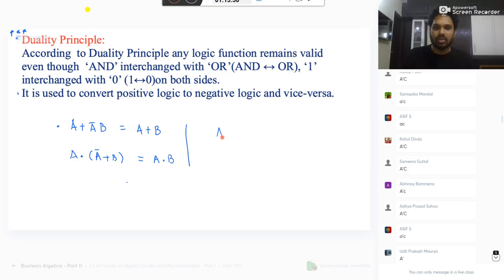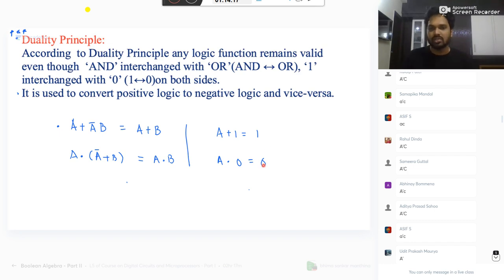Similarly, you have A plus 1 equal to 1. So from dual, you can say if this is valid, definitely this must also be valid. Correct or not? I replaced plus with dot, 1 with 0. Again, I got the valid relationship or not. A plus 1 equal to 1. Then A into 0 equal to how much? 0. This is what we call duality principle.